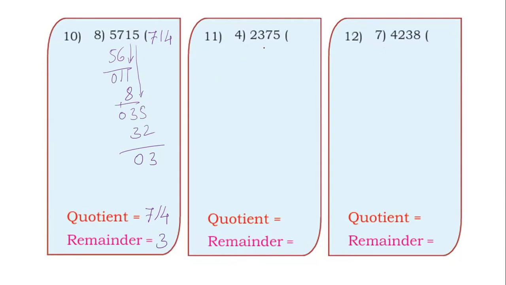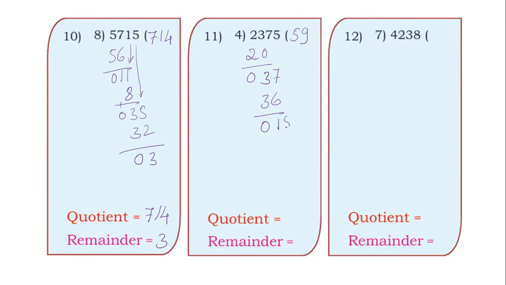11th one, 2375 divided by 4. 4 5s are 20. 3 minus 0 is 3. 2 minus 2, 0. Take this 7. 4 9s are 36. 7 minus 6 is 1. 3 minus 3, 0.